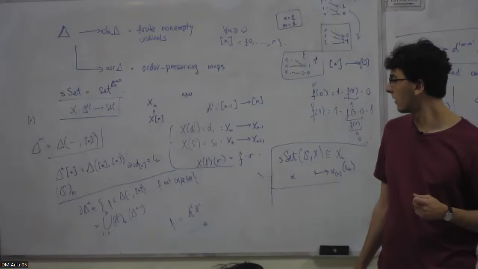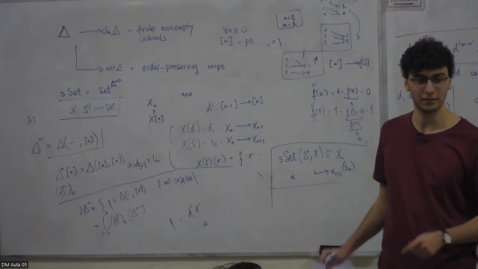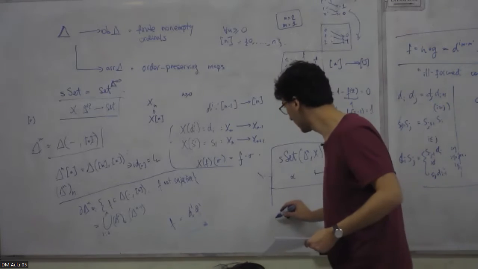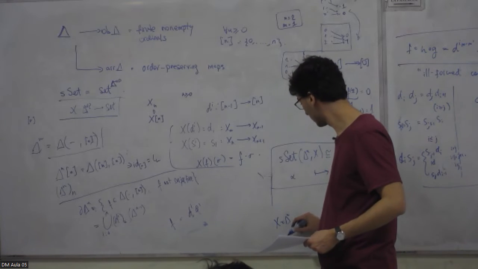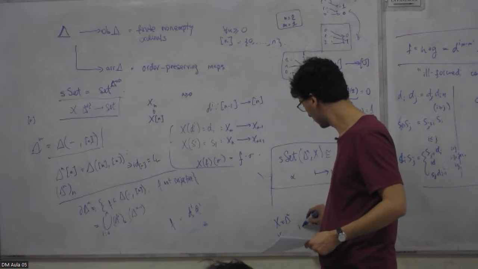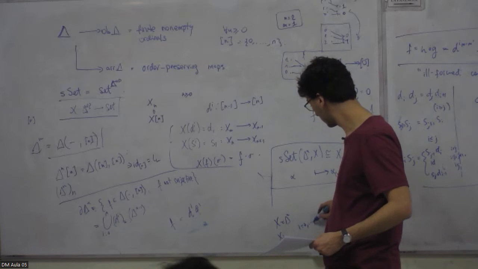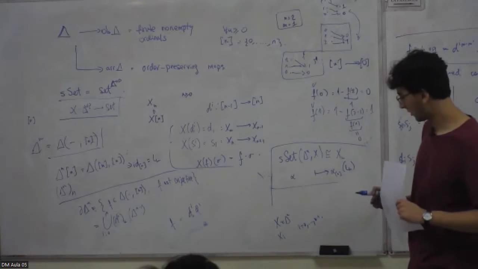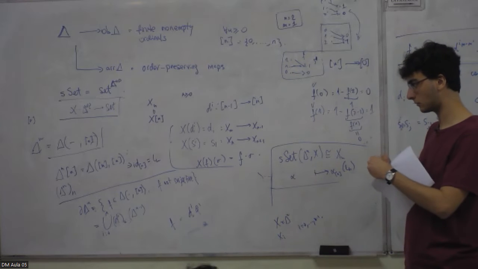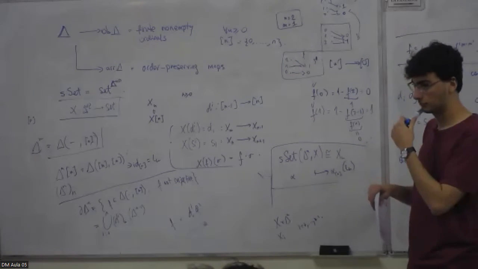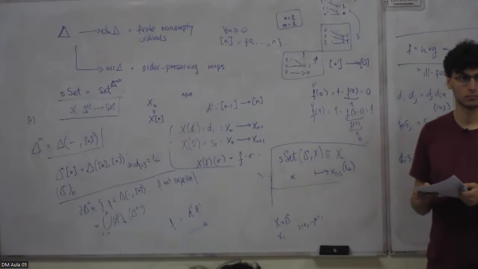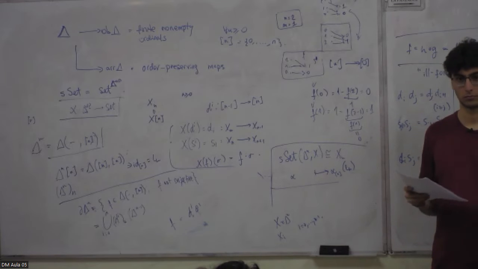You take all the x_i with i going from 0 to n minus 1, right? Okay.